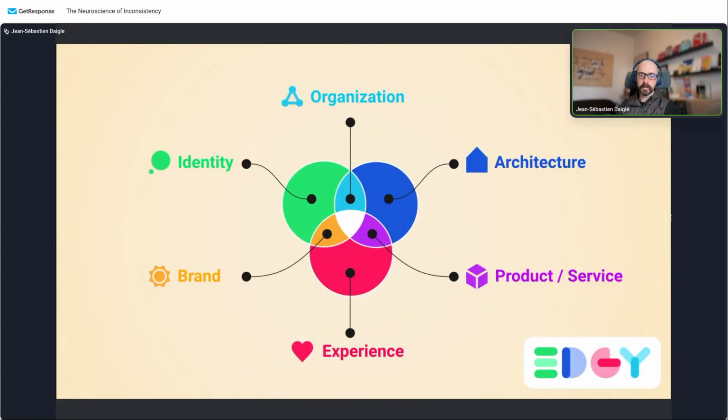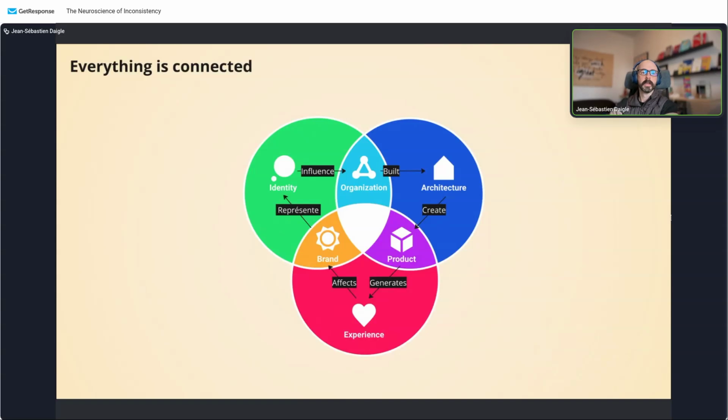Obviously, in the context, we were presenting this conference for the first time. It's local, not everybody knew EDGY, so we talked about the identity, the organization, the architecture, as we did with the few examples there. So it's a system that we all know and love here.